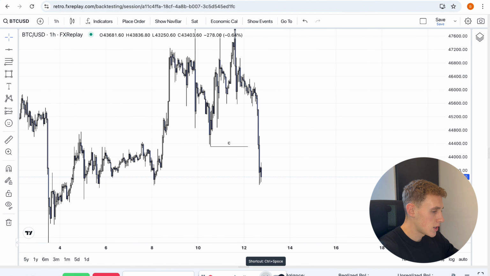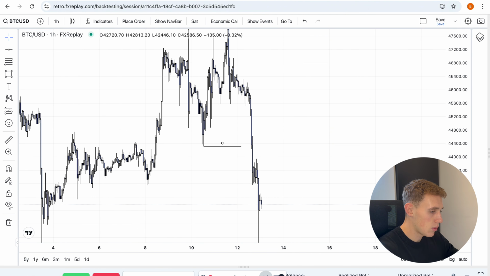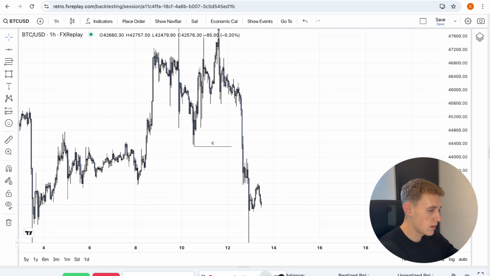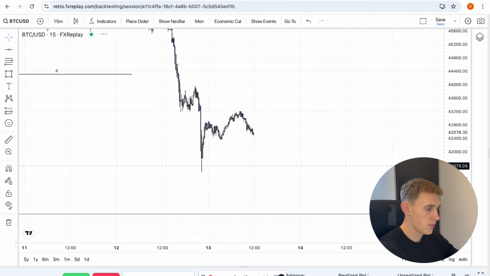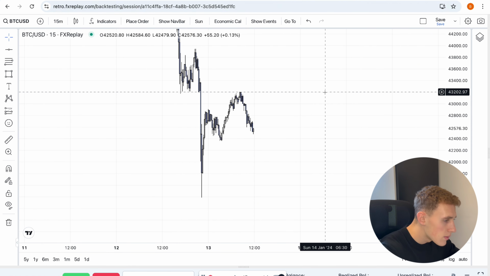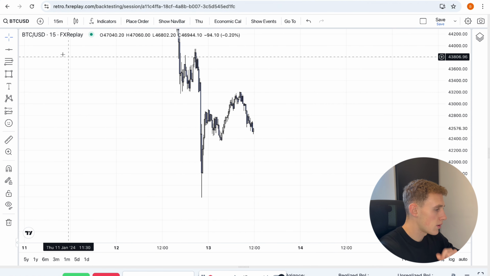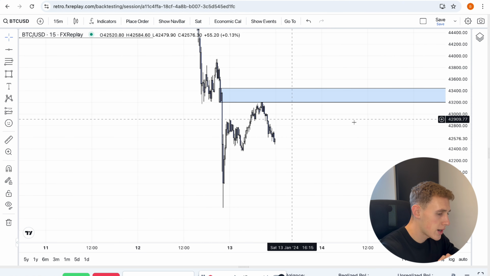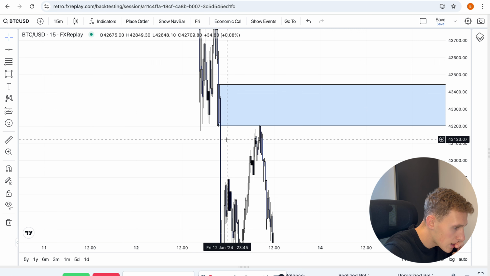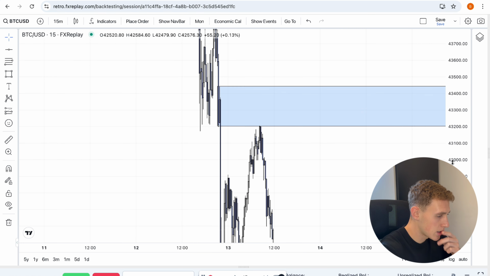Not really any structure to look at the moment, but let's see what price does. So you've sort of got this area where you could see price come into. I think I already tapped that zone.